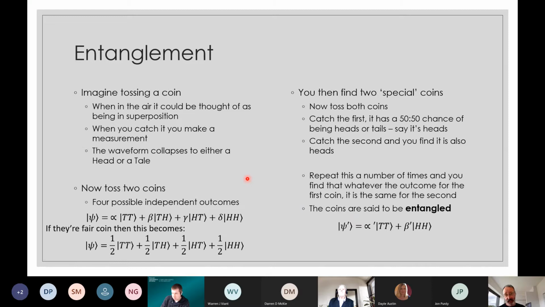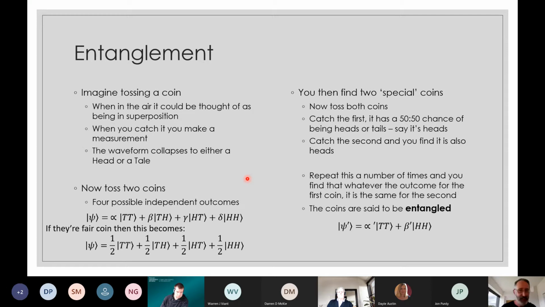And what upset Einstein about this was that the time delay between me checking mine and you checking yours on Mars could be so small, it's less than the time it would take light to travel from Earth to Mars. And that seems to say something else has gone between my photon and your photon to tell it what the answer was.